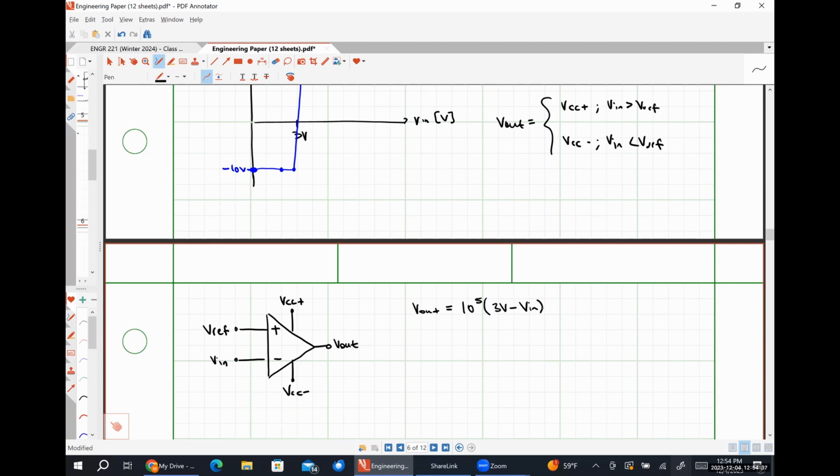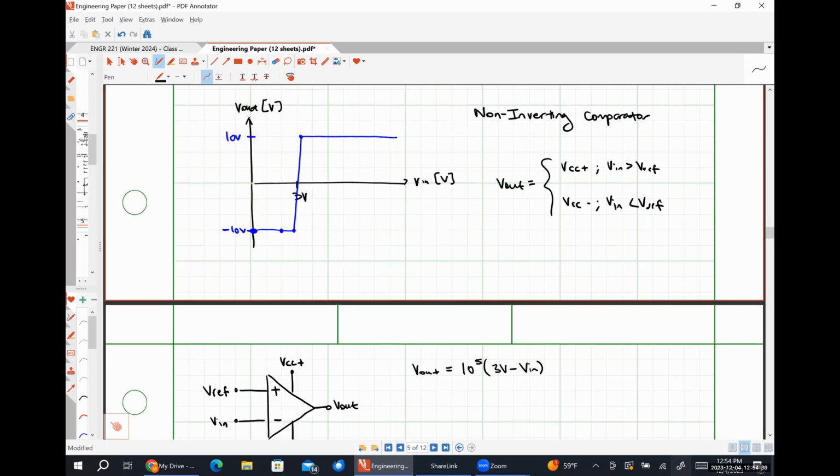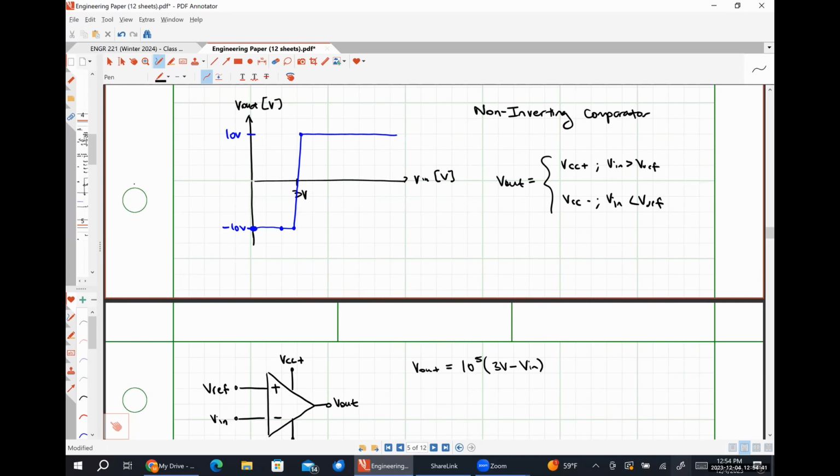What do you think that's going to do to our graph? Yeah, literally just flip it over.